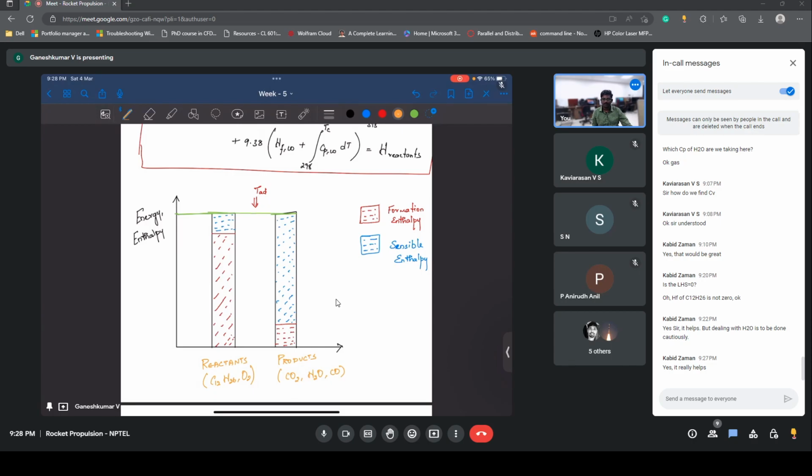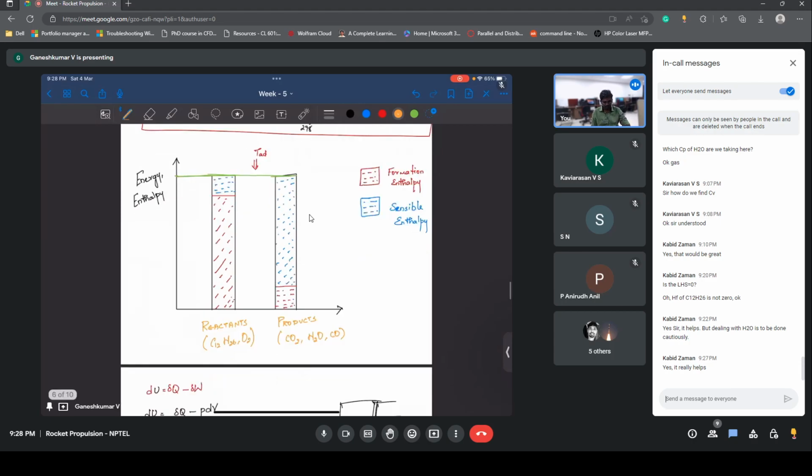Okay, I think it's less complicated, I guess. But the basic concept is this. All the things we do, we just need to implement mass conservation, energy conservation, and momentum conservation, and everything is going to come out. That's all, whatever we do.